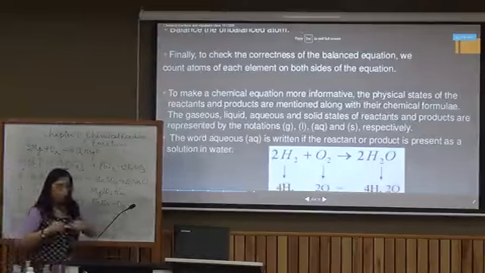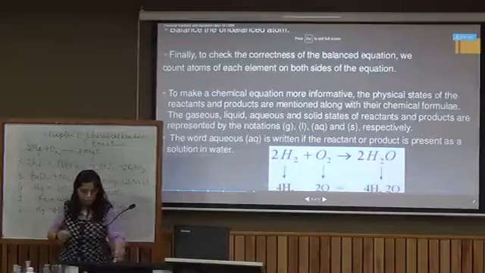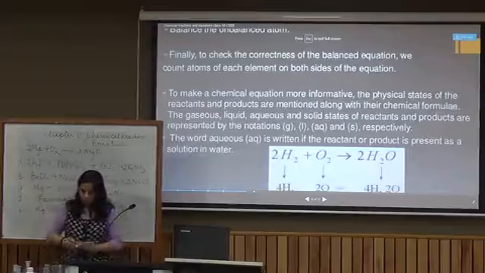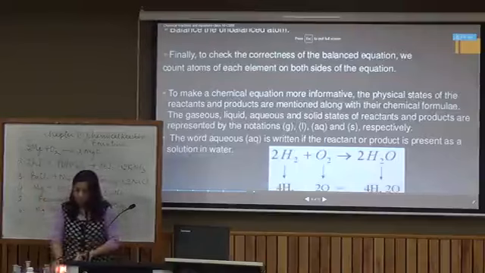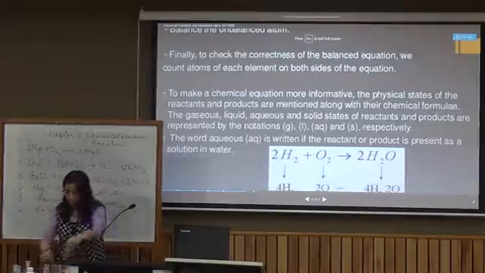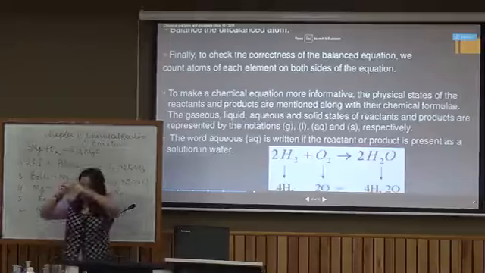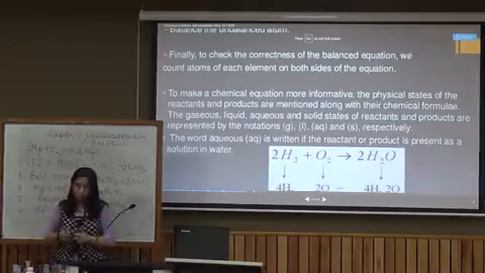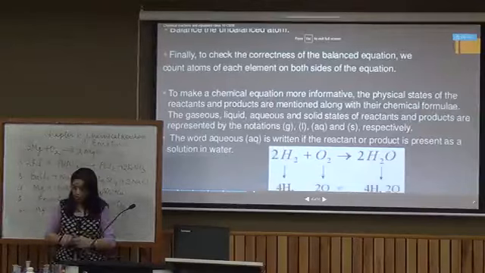We are going to look at one more reaction here before we talk about types of reactions. So I'm going to light up this spirit lamp once again. I have an empty dry boiling tube here and I'll take the test tube holder to hold this boiling tube because I'm going to heat it.